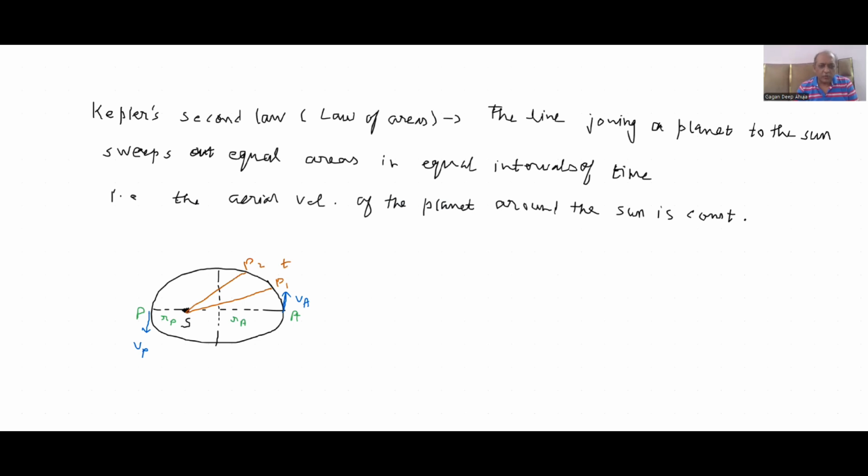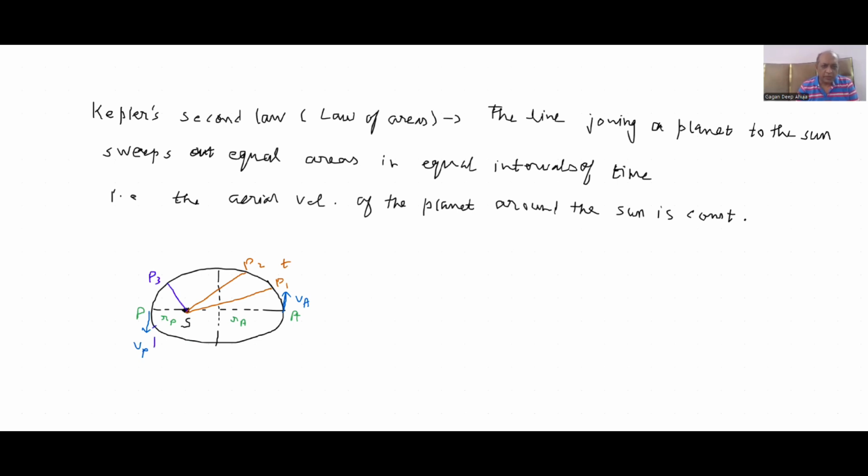And when it is closer to the sun, suppose the same planet moves from position P3 to position P4 in the same time t seconds.